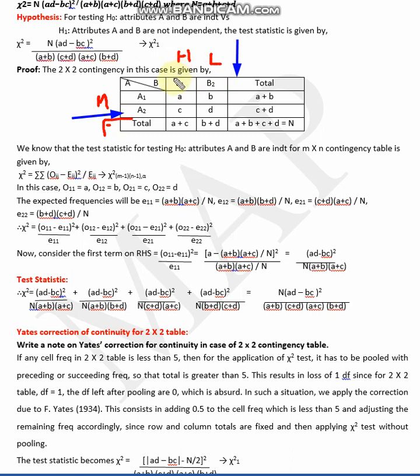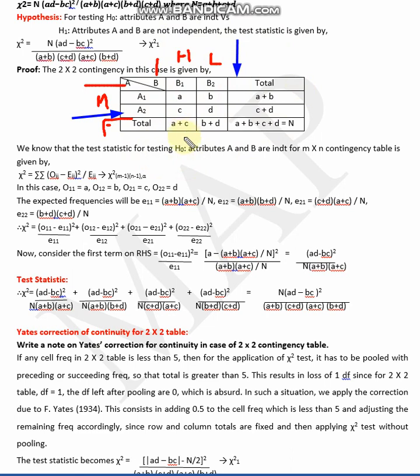So empathy is my attribute B and sex is my attribute A. Sex is divided into two groups, male and female, and empathy is divided into two groups, high and low. So this type of classification is called 2 by 2, and this representation is nothing but a 2 by 2 contingency table.